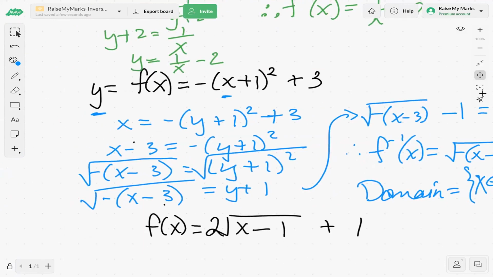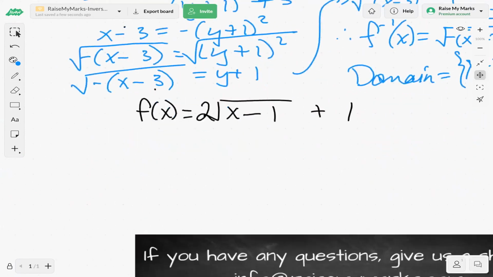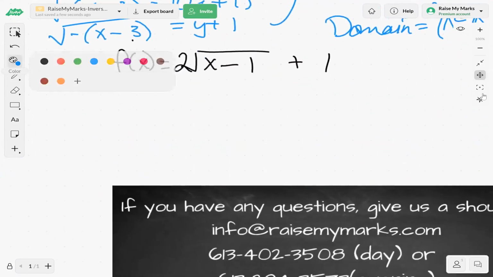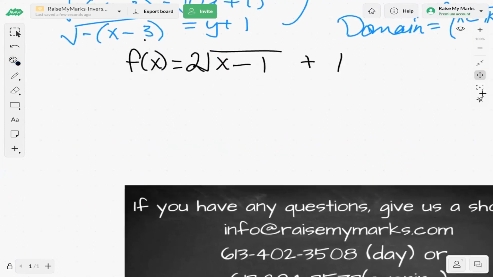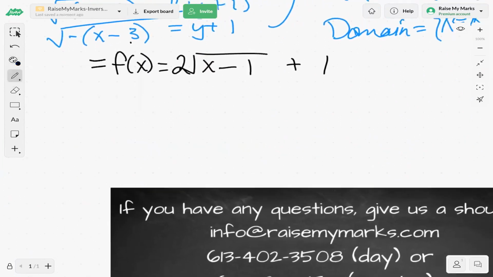Okay, one last exercise. Again, first step, let our function equal y. Interchange the x and y variables. And now let's solve for y.